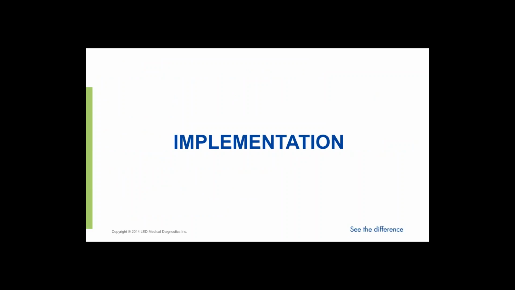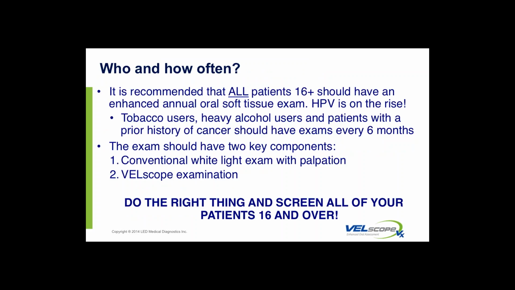So implementation, how do we obviously incorporate this into our practice? Everyone has their own criteria. This is sort of the recommended standard: patients who are 16 and above, or whomever you deem as being an adult, should be screened at least once a year. And that's just with the understanding you have to assume every patient is HPV positive at any given time, especially if they're of a younger category.